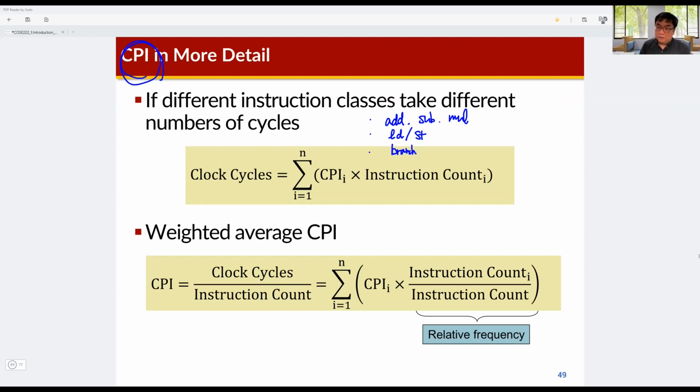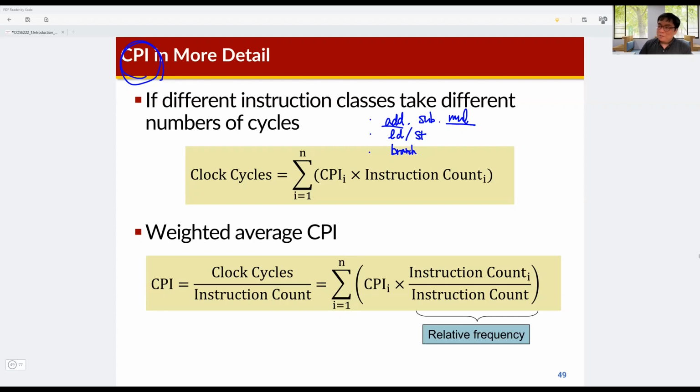Okay, like add, sub, load, store, and branch. And then for the different instructions, the computer processor may take a different number of cycles. For example, if we compare the add instruction and the multiply instruction, in the real world, multiplication is more complex than addition, right?